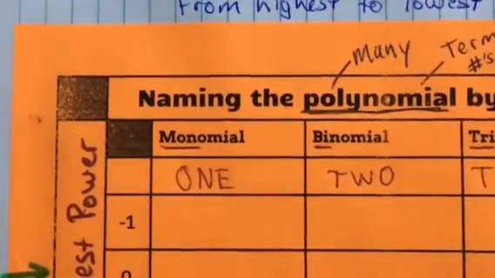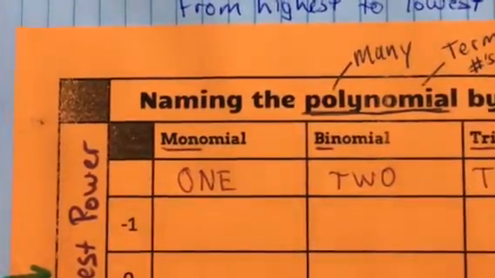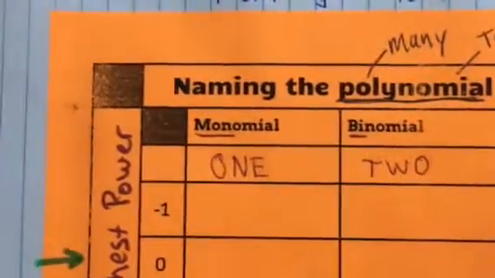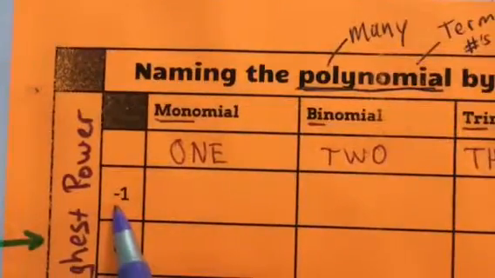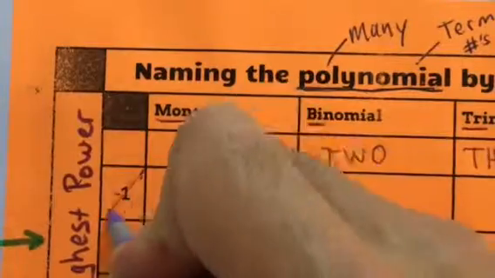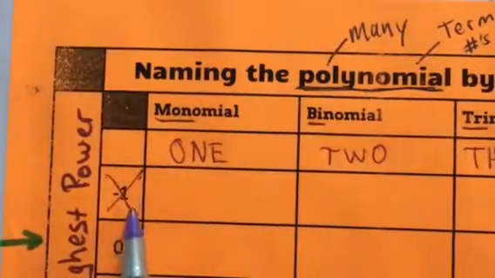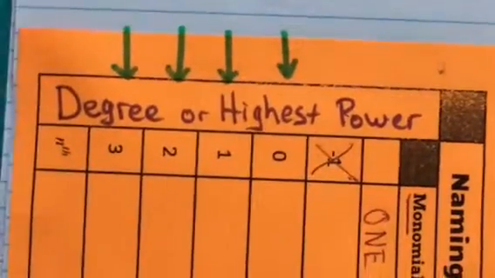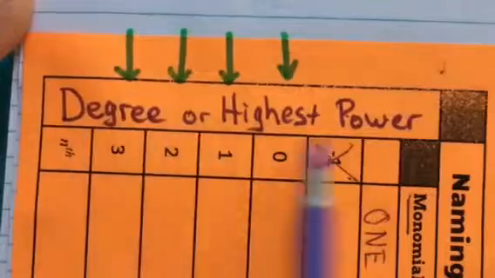Okay, in each of these boxes, I'm going to try and put something that works. For the first one, is it -1? Basically, if the power is -1, it's not going to work. Oh, here's what you can do. On the side, degree or highest power goes here.